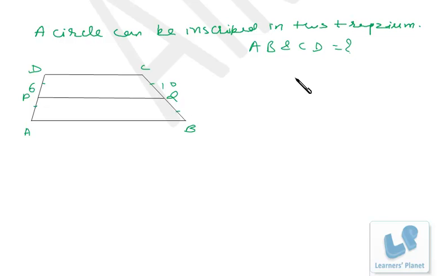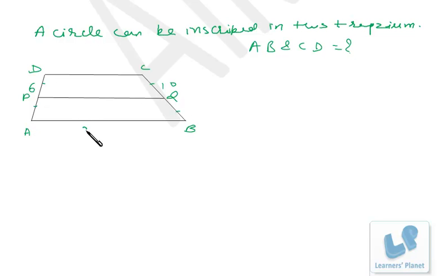Now the concept that we will be using here is, see this trapezium, a circle can be inscribed in it. That is possible only when the sum of non-parallel sides is equal to the sum of parallel sides, right? Then only a circle can be inscribed into this trapezium, right? So precisely you got the sum of AB and CD.